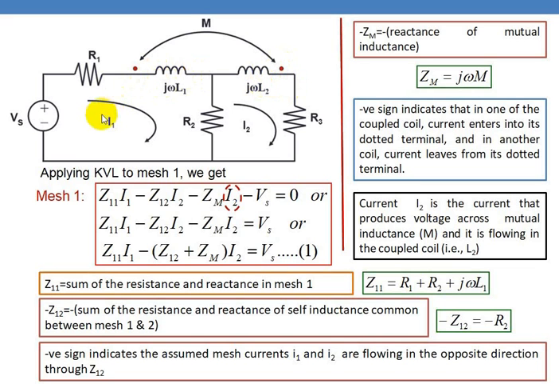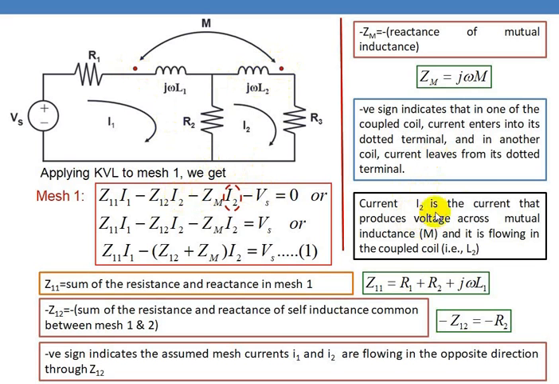For example, you see here, I1 is entering the dotted terminal, whereas I2 is leaving the dotted terminal. So if one current is entering the dotted terminal of one coil and in the other coil the current is coming out from the dotted terminal, then you have to write a minus sign.